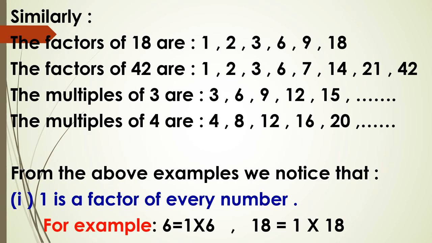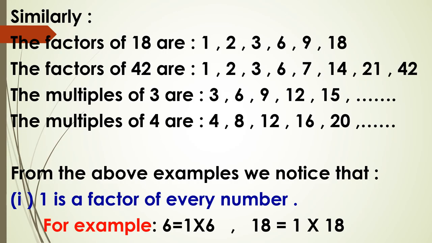See, when we are finding the factors of 6, 1 6s is 6. When we are finding the factors of 18, 1 18 is 18. When we find the factors of 42, 1 42 is 42. So in the table of 1, every number will come. So we can say that 1 is a factor of every number.